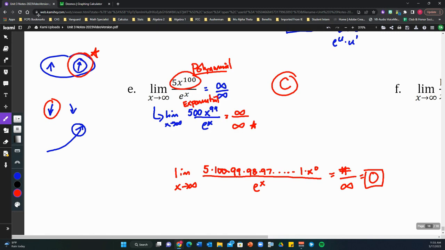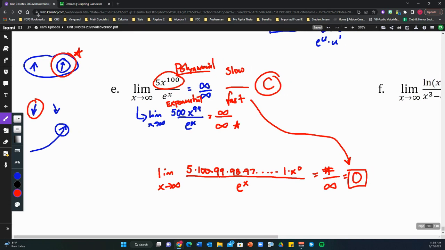It doesn't matter the degree, and it doesn't matter the base of the exponential, as long as it's bigger than 1. Eventually the exponential will win. So this is essentially a slow-growing function over a fast-growing function, which will always have limits at infinity approaching 0.